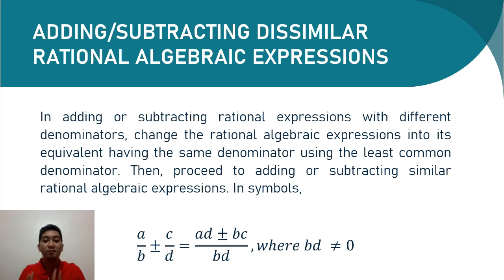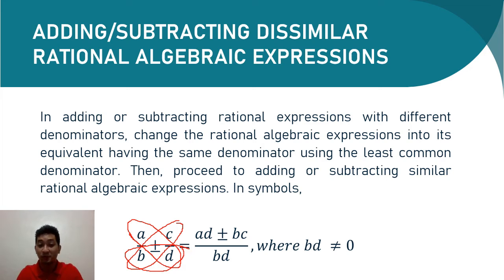Or you just simply use the butterfly method. Okay, so how do you use the butterfly method? So, I'll show you. So you have A times D, and then C times B, you have BC. And then, this one, B times D, BD. And then, you will be able to get AD plus or minus BC all over BD.